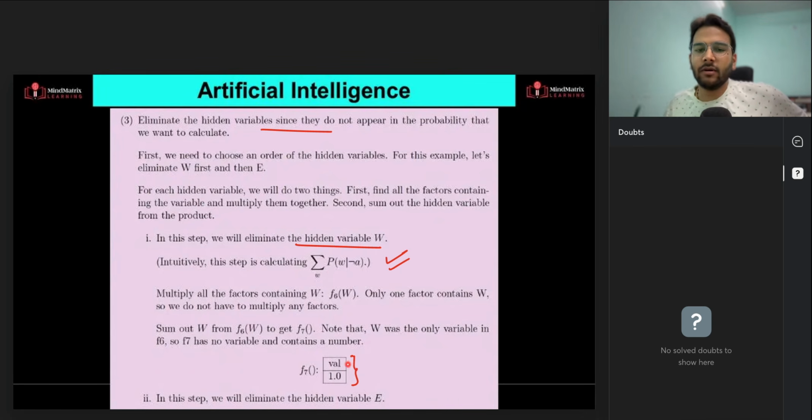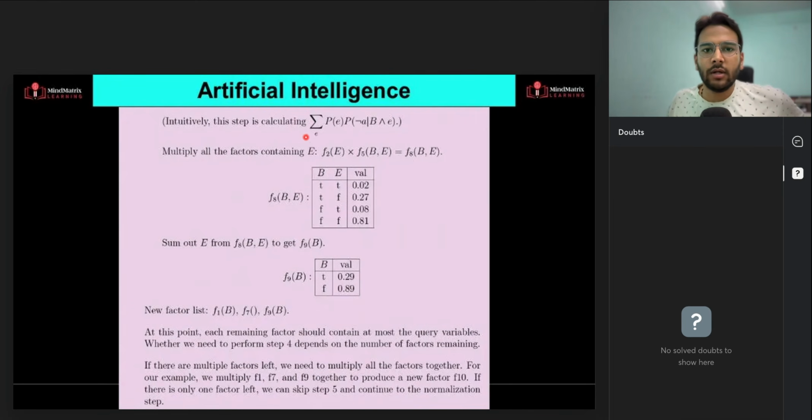See, they have explicitly mentioned it. Previously, we could just directly eliminate also, but it's fine. They have done it now. So F6 of W, now we can write that as factor F7. And this is nothing but the single value, 1 only, because we know that summation over W of the probability of W given not of A will be equal to 1. We know this concept, right?